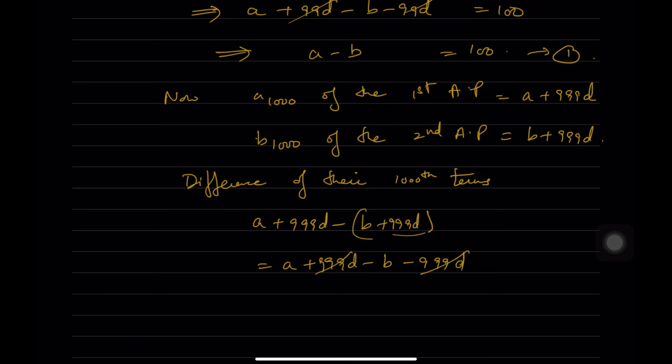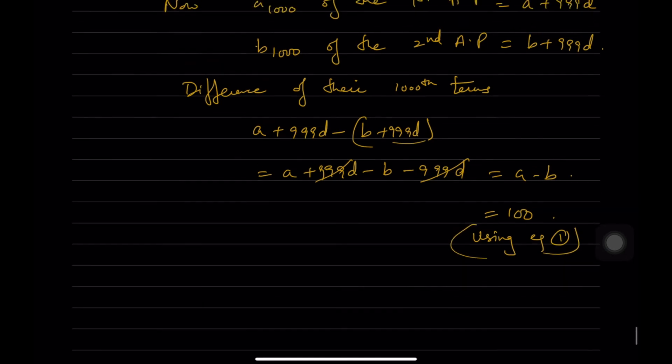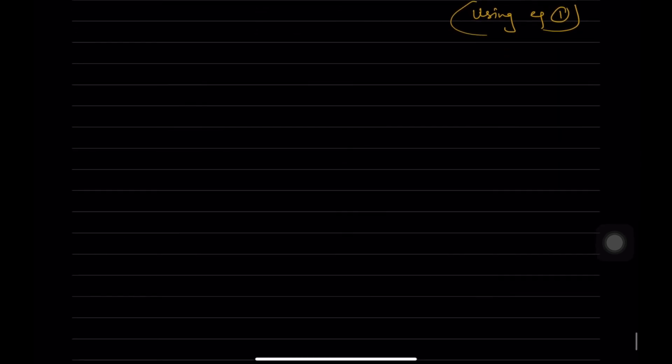So these two will get cancelled, so it is equal to A minus B. And A minus B is equal to 100, using equation 1 we got this. Okay, so therefore the difference of their 100th terms is 100, and the difference of their 1000th terms is also 100.